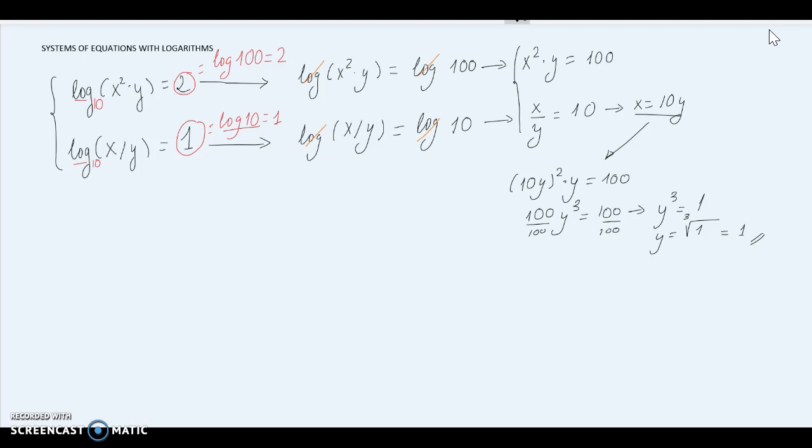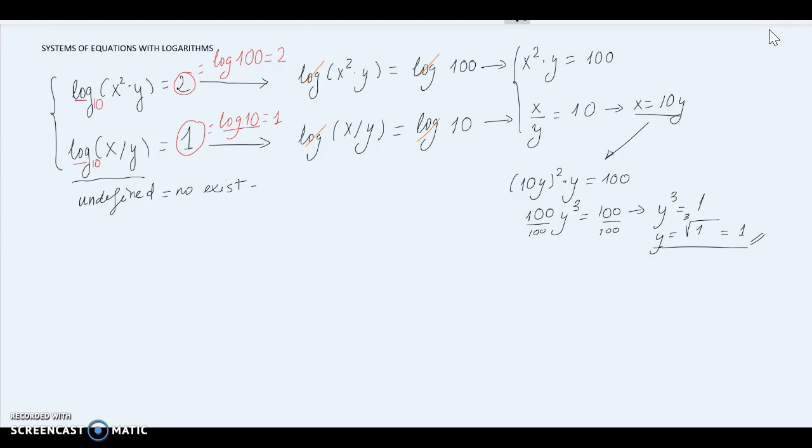The only condition to find the solutions to these systems is that our solutions must be positive. If we find a negative solution, when we write the negative solution at the beginning, the log of a negative number is undefined, it doesn't exist.